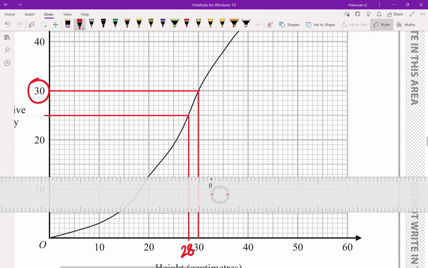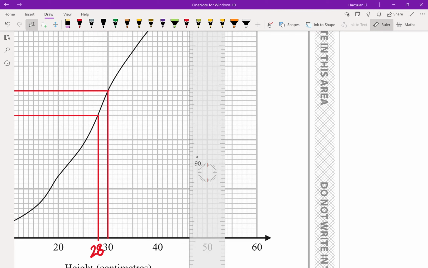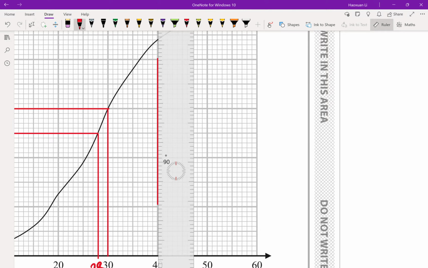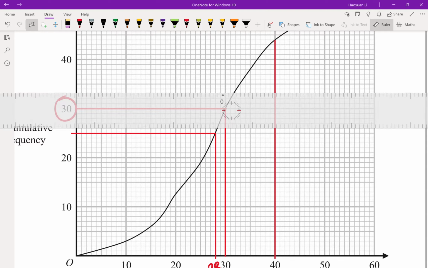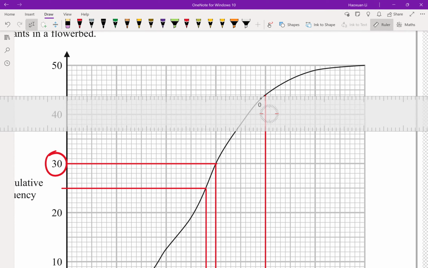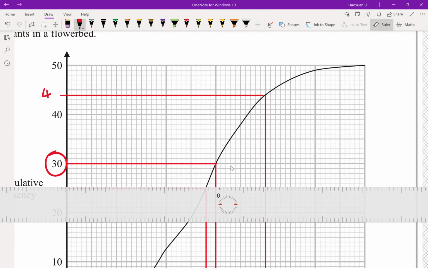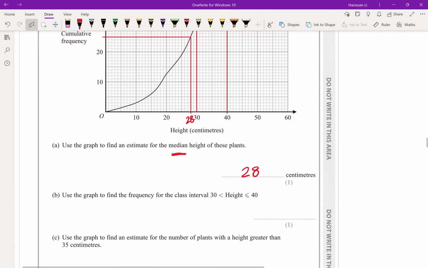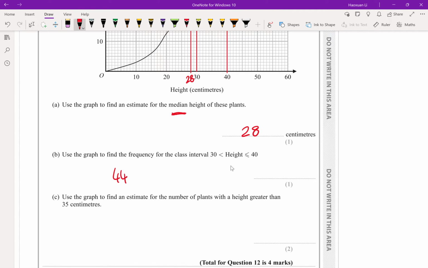And you draw a line on 40 upwards. And then you get 44. So 44 minus 30 is equal to 40. So the answer is 40.